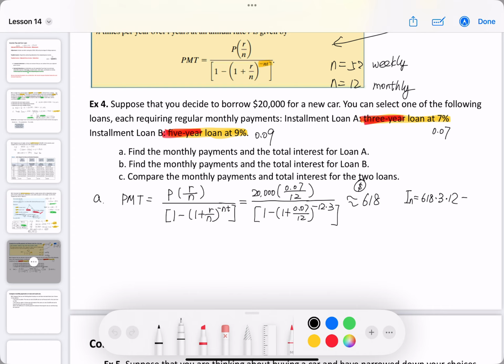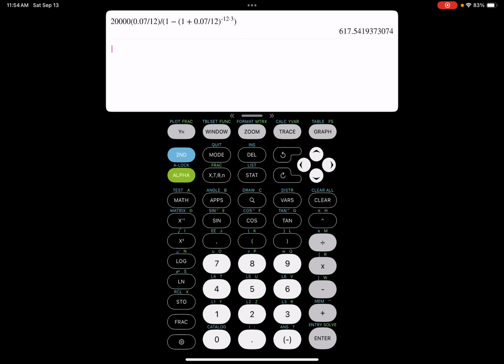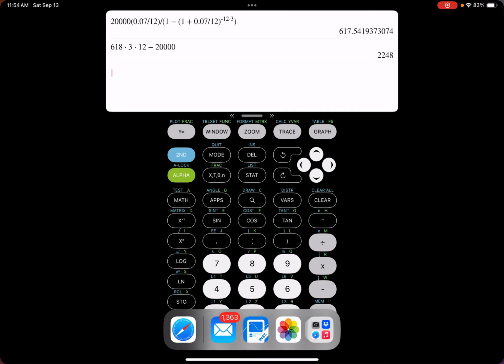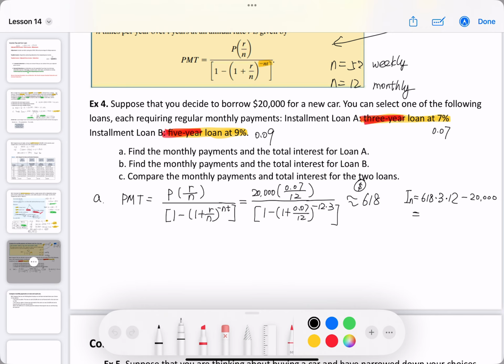And then minus the money of the car, 20,000. Let's see how much interest we are going to pay. 618 times 3 times 12 minus 20,000 is 2248. So $2248. This is the interest. We've solved the PMT and the interest.